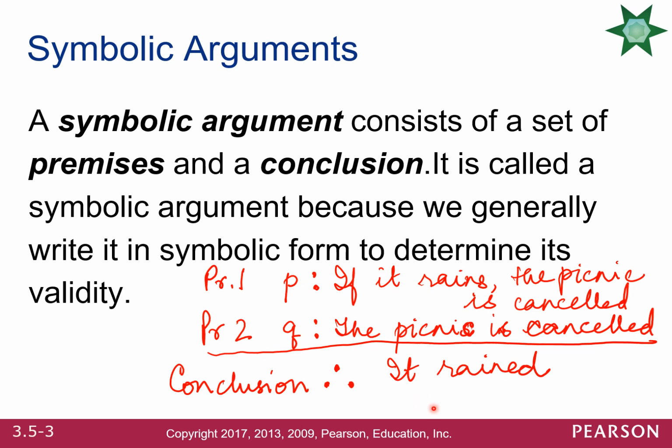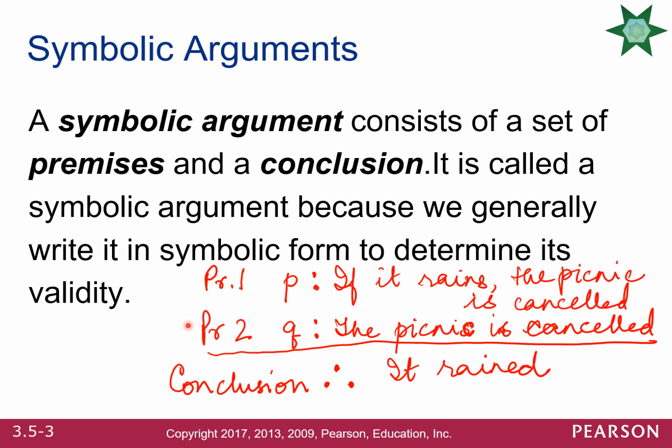At the end of it, we have to test whether this conclusion, this entire argument, is valid or not. To do so, we will put these statements in symbolic form and then create truth tables, and run through the process of coming up with truth values, and eventually that will help us determine whether the argument is valid or not valid.